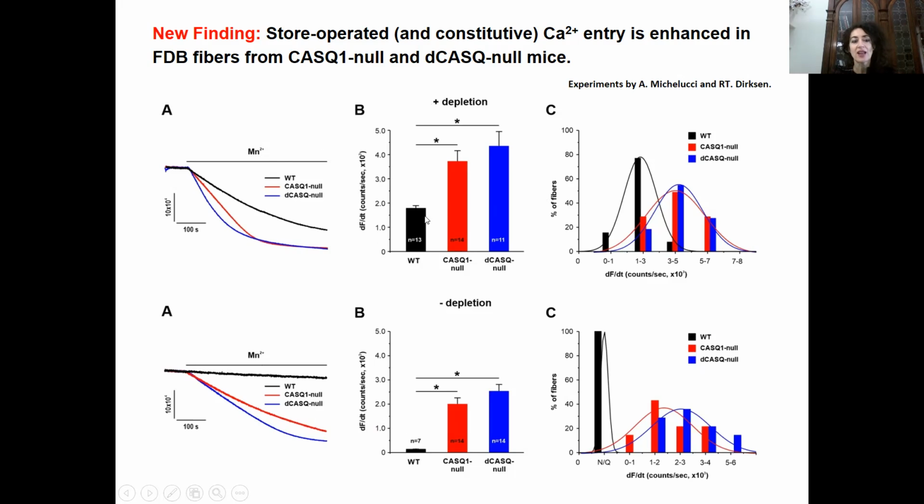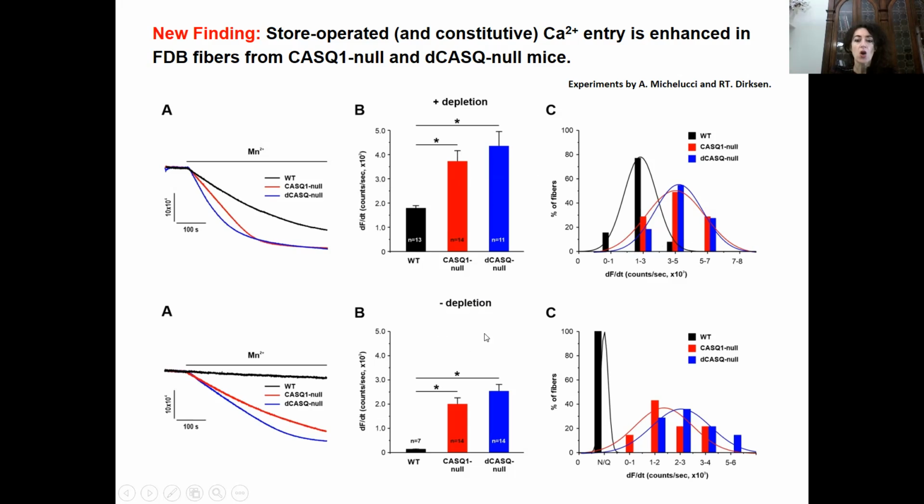And the quantitative analysis revealed indeed that the maximum rate of quench in fibers from both mouse models is about 2 times greater than in the wild type, a result also supported by the frequency distribution analysis showing a clear shift toward the larger rate of quench.